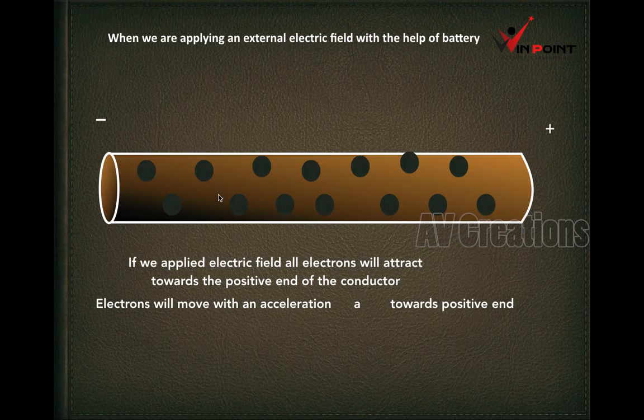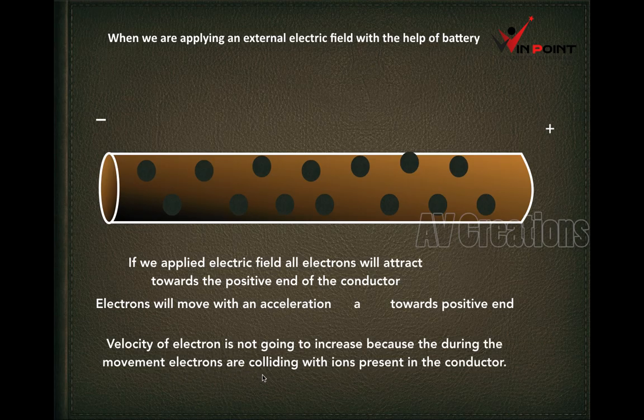Electrons are moving inside the conductor in this manner: moving, then stopping, then again moving, then stopping. Velocity of the electron is not going to keep increasing because during the movement electrons are colliding with ions present in the conductor. So the drift velocity is there.